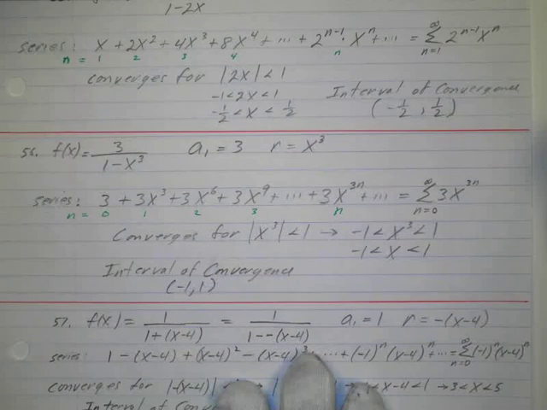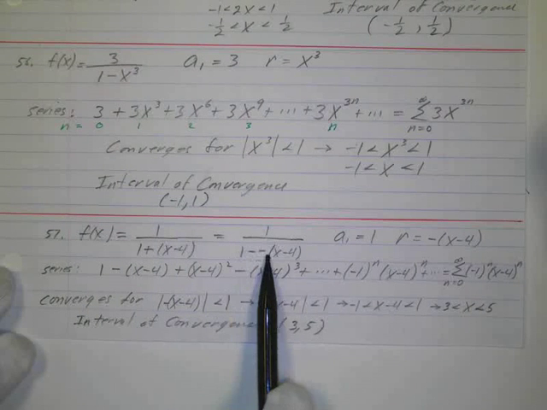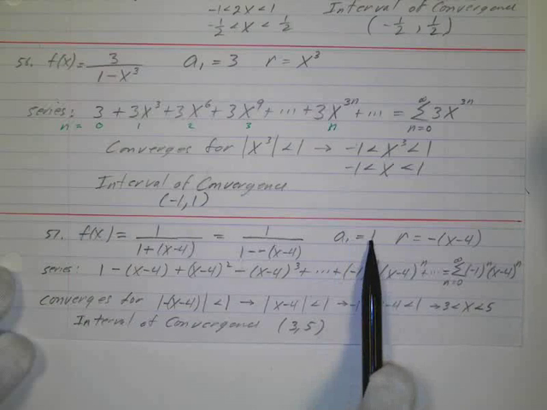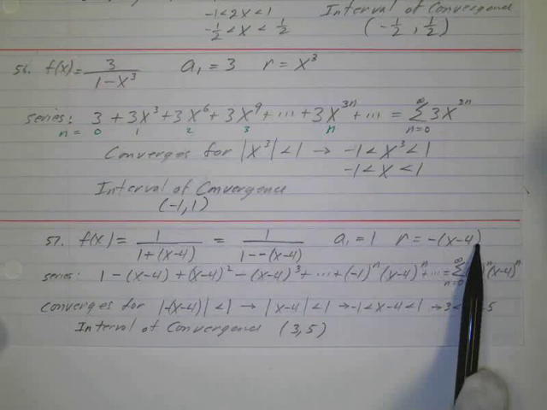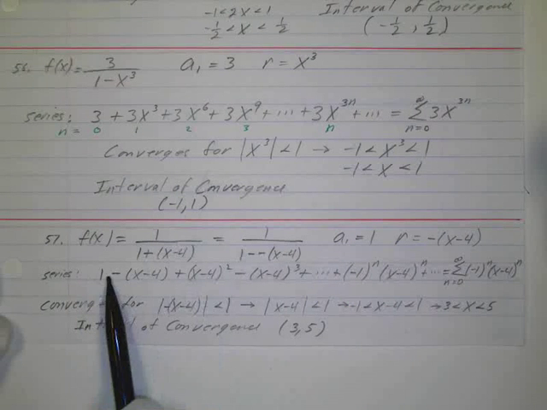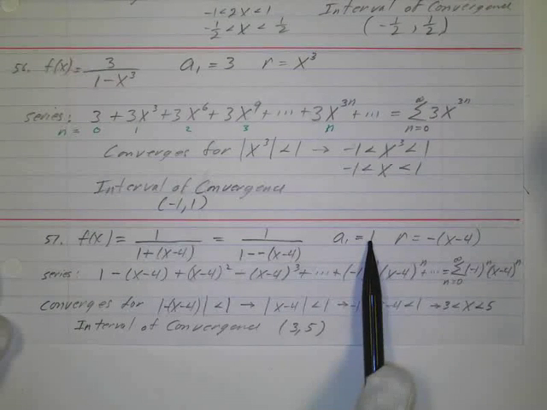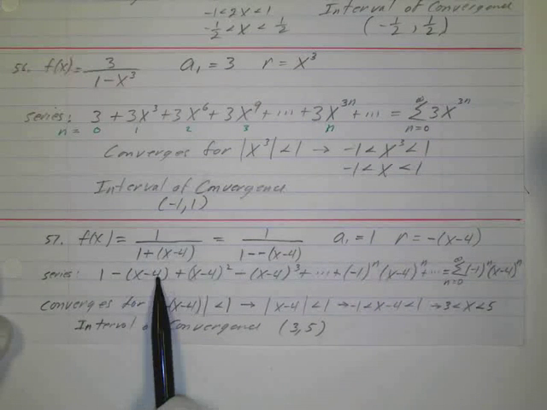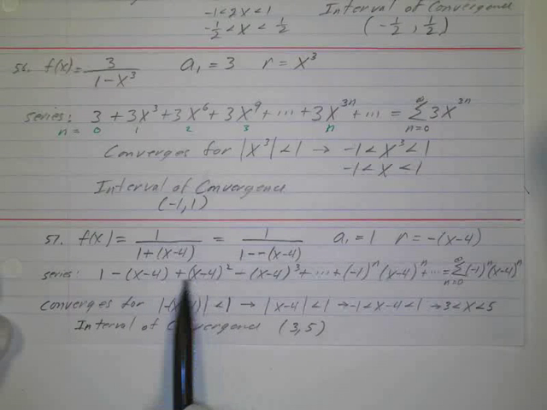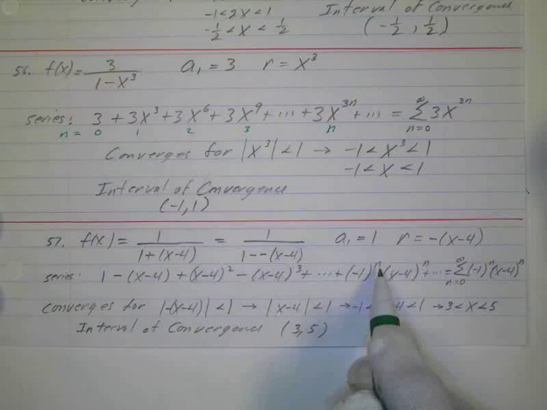Okay? And then number 57. 1 plus x minus 4, so we use negative x minus 4. So a sub 1 will be 1, and then r will be negative x minus 4. So the series will look like this. 1, and then negative x minus 4, we just keep multiplying by this, so I'll multiply by negative x minus 4, and then that becomes positive x minus 4 squared, etc. And my general term would be negative 1 to the n.